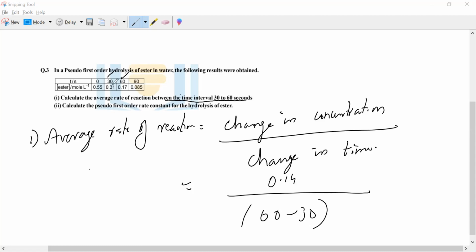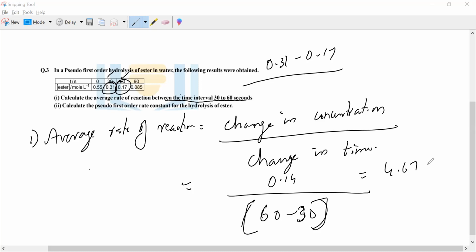Those who don't know, it is 0.31 minus 0.17, which is 0.14. This is for 60. Don't get confused with some other thing. 60 minus 30. The first question is between the interval 30 to 60. So upon solving, what will you get? 4.67 into 10 power minus 3.